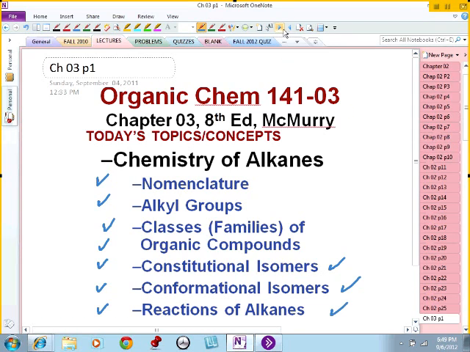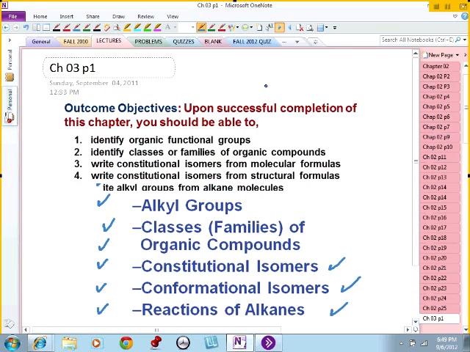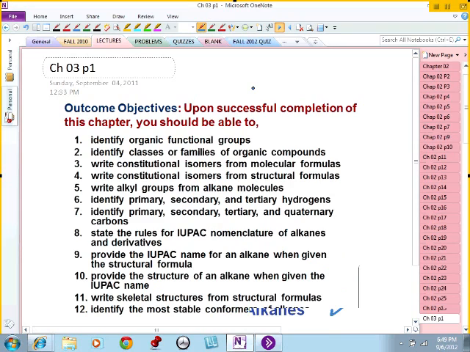Okay, of course, as you know, before we start anything else, we're going to show you the slide that gives you what we call the learning outcomes. These are all of the things that we expect you to learn or to master at the conclusion of this chapter. Can anybody read me a couple of these?